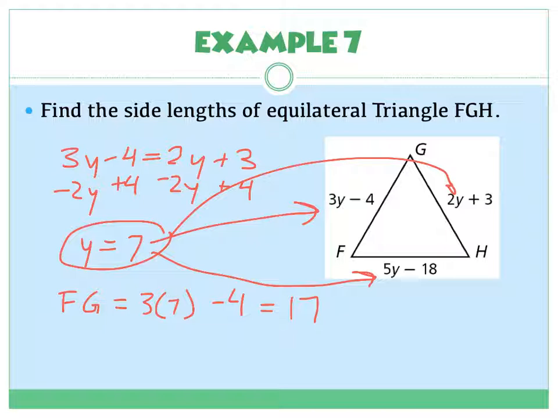We don't even need to plug it into the other 2 because we know that all 3 sides are going to be equal. So what would side GH be? 17. And what would side FH be? 17. So that's 4.2.